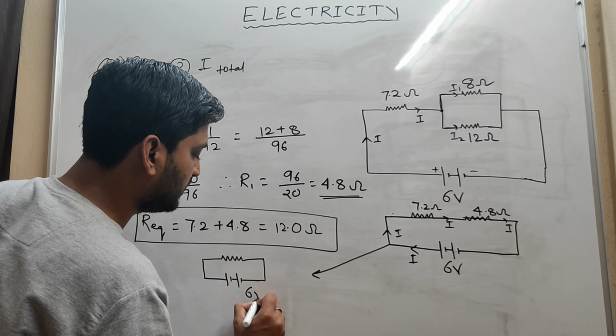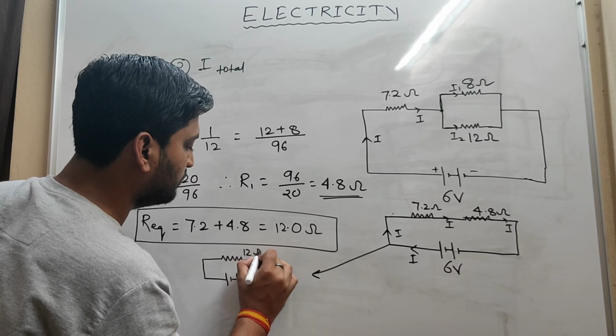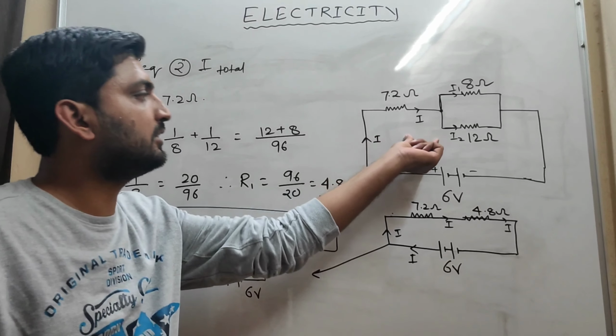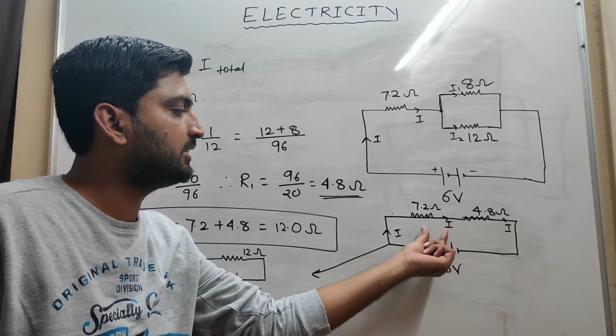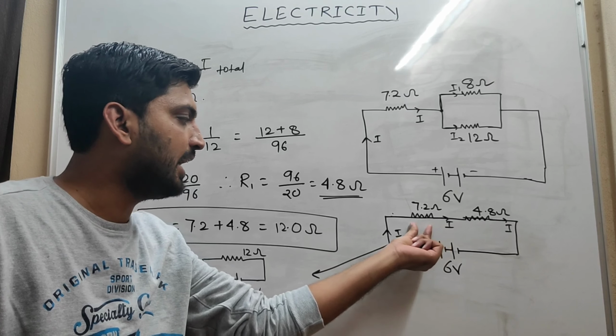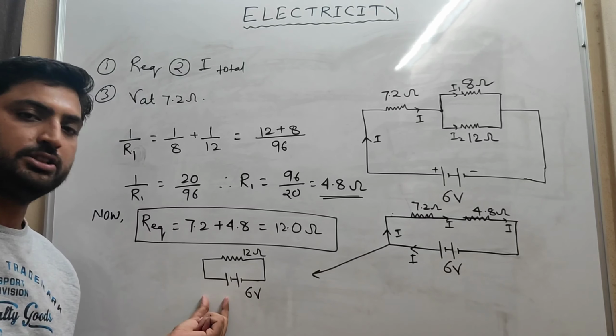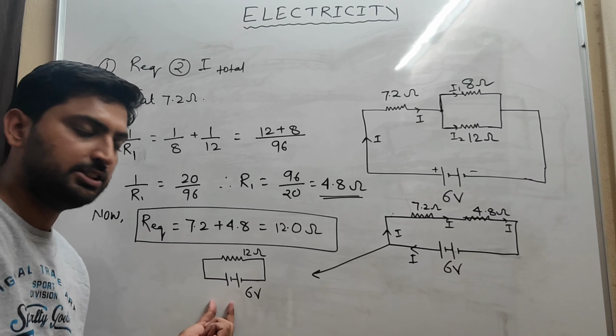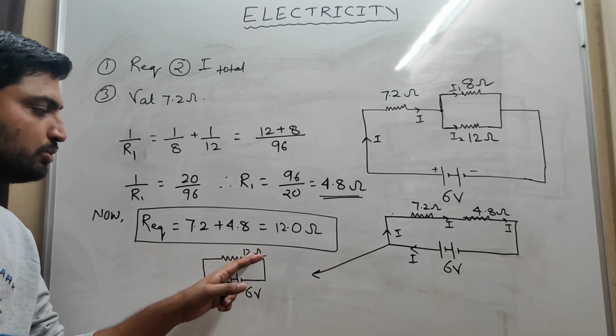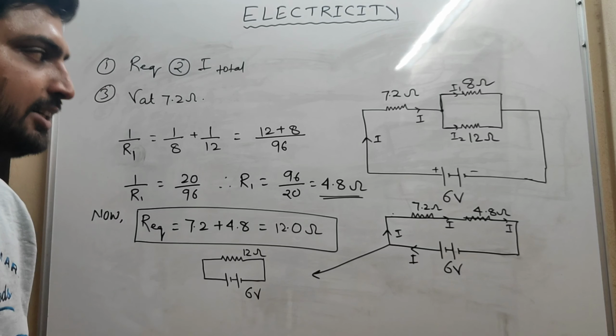This is your 6 volt and this will be your 12 ohm. Step 1 converted this circuit into this circuit, and this circuit is now converted into this circuit. This is your equivalent circuit because this 12 ohm resistance is your equivalent resistance.